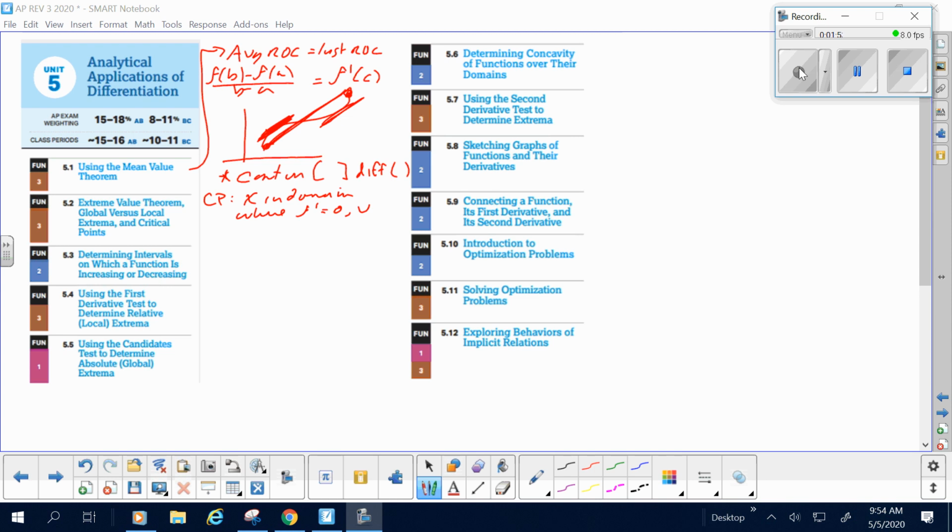Now, the extreme value theorem says that if a function is continuous on a closed interval, so they don't let it grow forever, then it must have an absolute max and min, or global max and min. Global and absolute are synonymous.